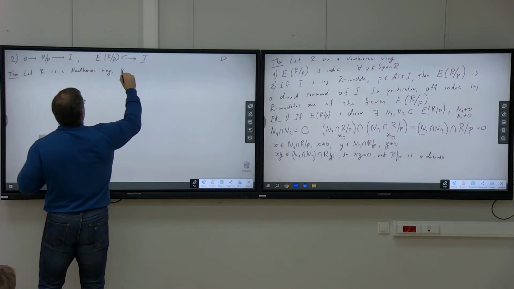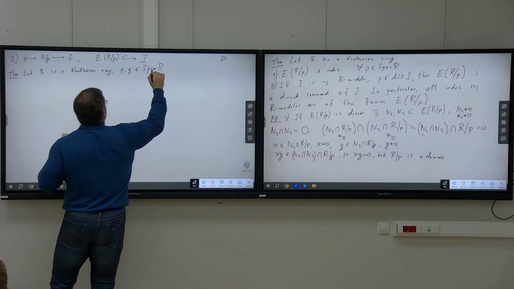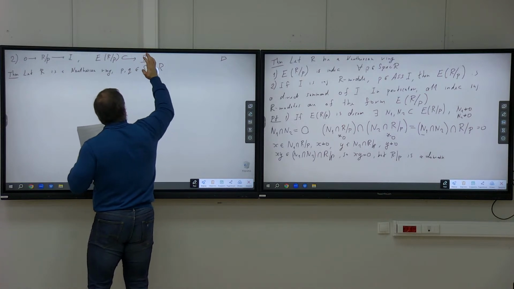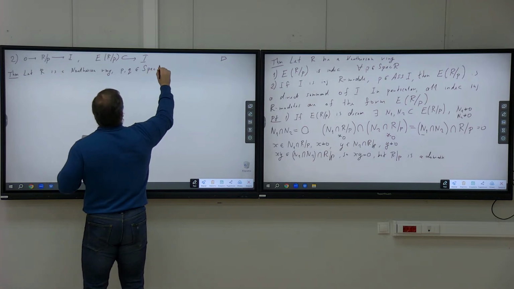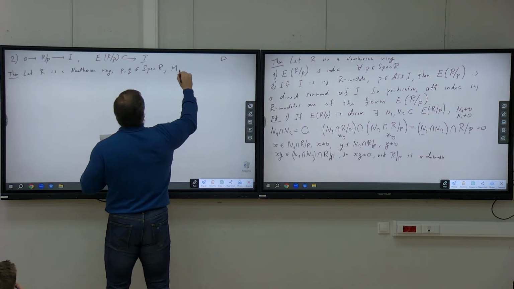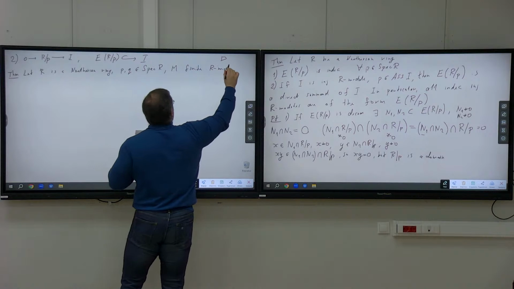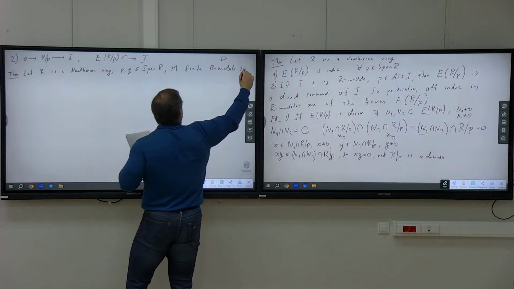So I have prime ideals in the spec of R, and a finite R-module M. Then again, two statements.